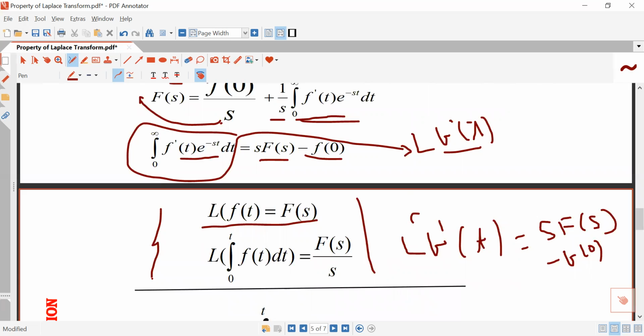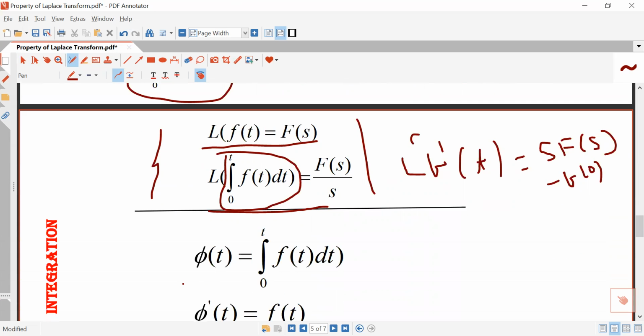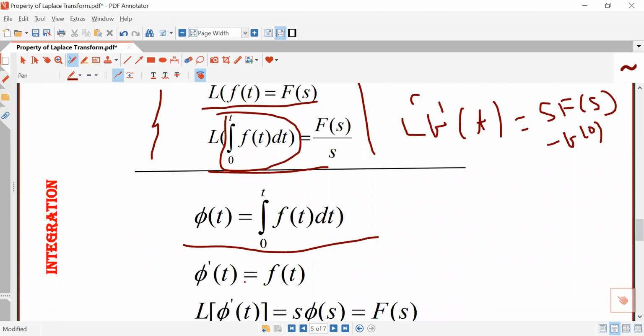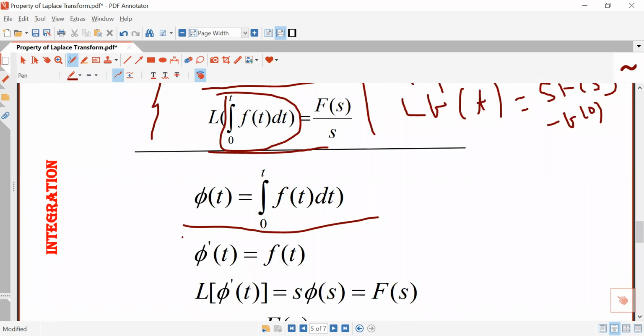So if Laplace transform of any function f(t) is equal to F(s), then Laplace transform of its integration will be F(s) by s. Now how can you prove this statement? Just you have to assume this is equal to phi(t). And now differentiate this. You will get this result.